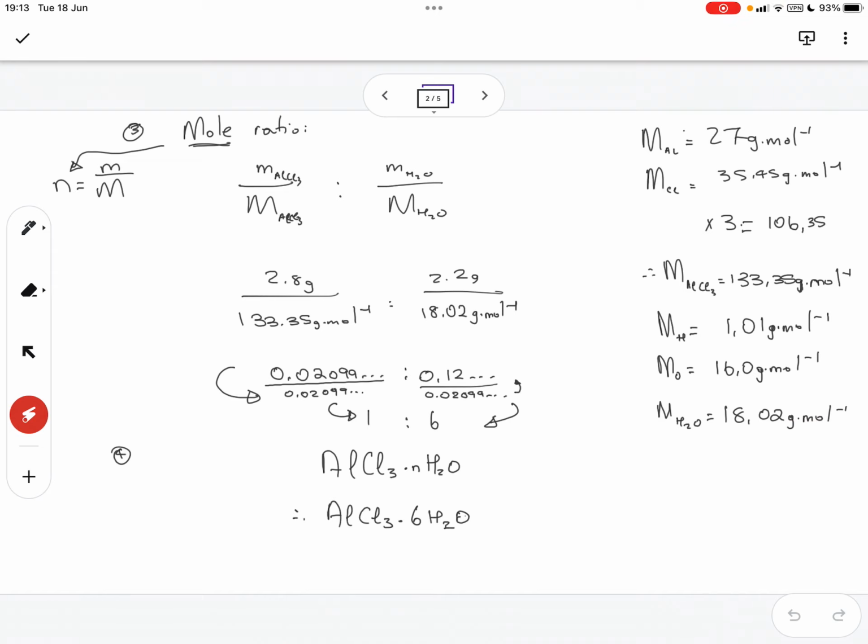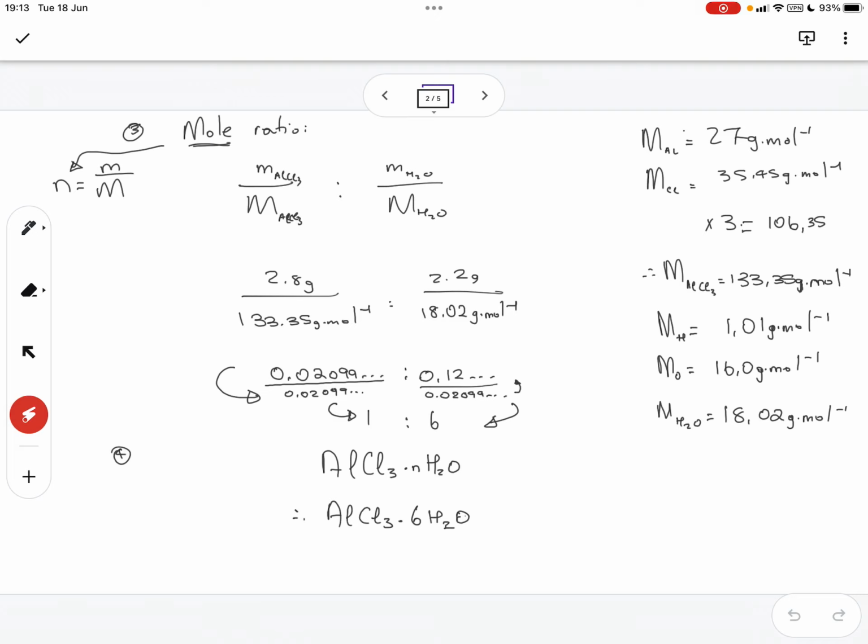So the math that we do, we take the masses of the substances, so the aluminum trichloride alone and the water, and we compare them as this equation, n equals small m divided by large M. So we take that ratio for the aluminum trichloride and we do the same for the water molecule.